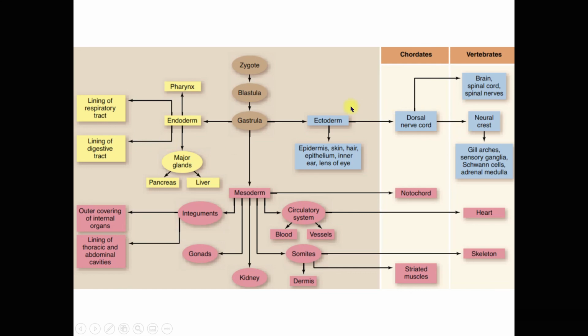And then just now I mentioned the dorsal ectodermal cells, which eventually become the dorsal nerve cord and develop into the brain and spinal cord. And then the neural crest, remember? So these are some of the outcomes of the neural crest.